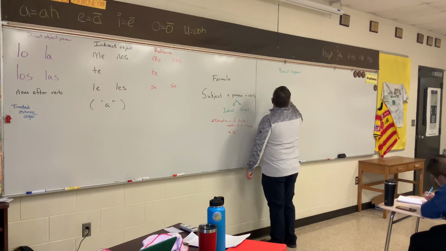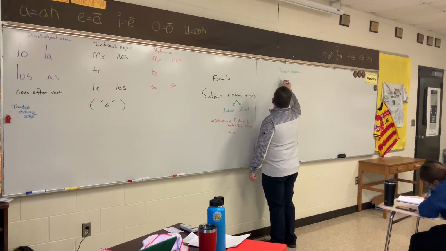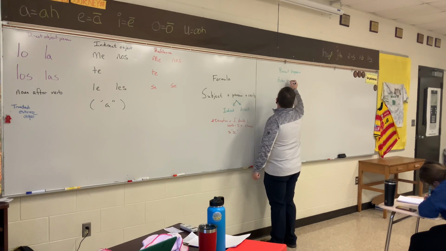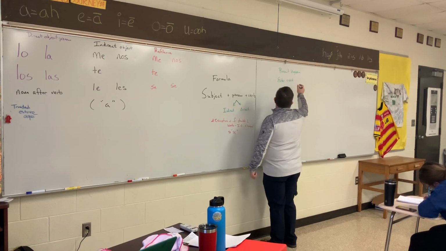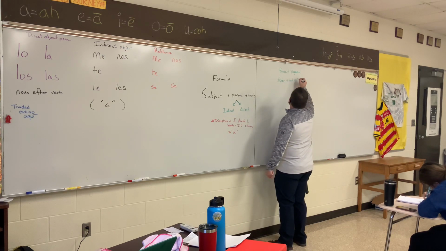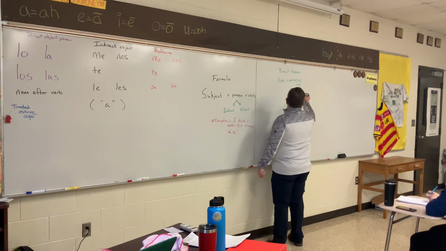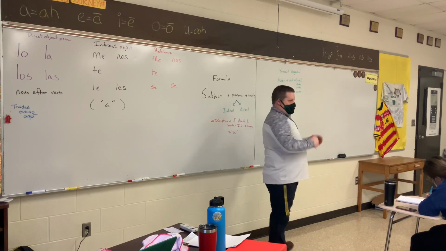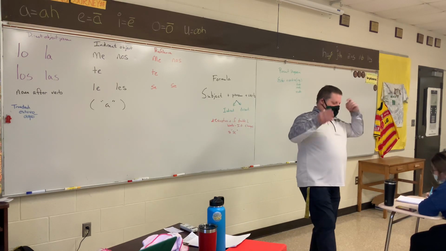Quick review of the present progressive. That was the verb estar plus the verb with the ing endings, right? Which was ando, iendo, or in very special cases, yendo. You guys remember that? When there's three vowels in a row, we can't have the i's, we have to blah, blah, blah. Okay.